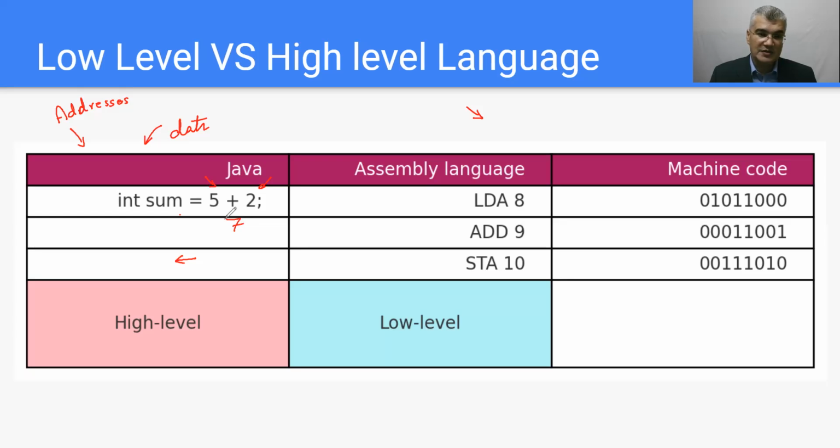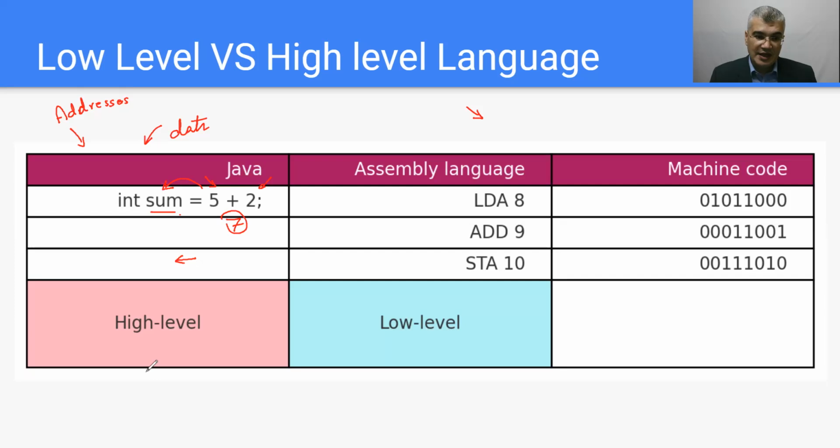After we add them, it results in 7. Then we take whatever is on the right-hand side and assign it and save it in a variable, a place in the memory that can take an area of an integer in the RAM.